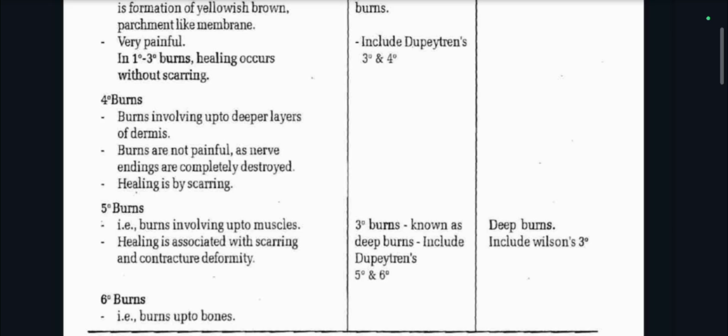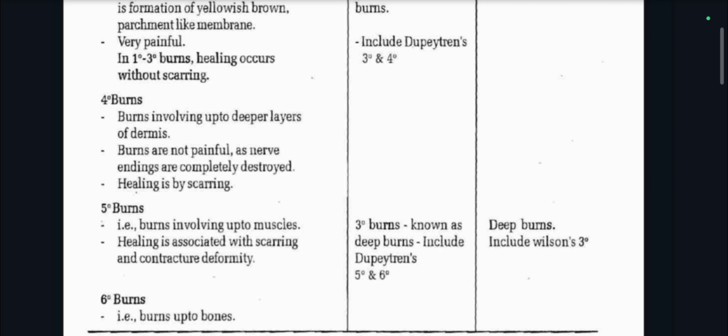It is basic logic that if tertiary burns include superficial layers of dermis, then the next degree of burn will include deep layers of dermis. Burns are not painful as nerve endings are completely destroyed and healing is by scarring.